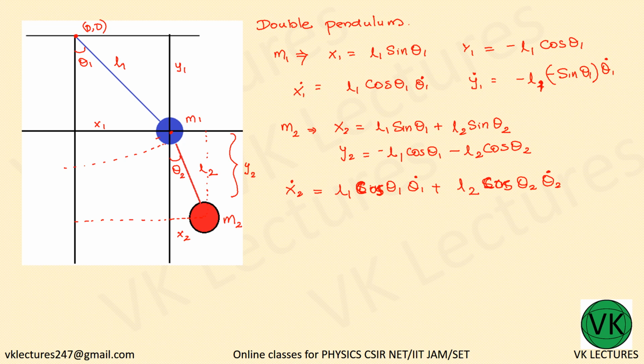Now we have y2 dot equal to minus L1 minus sine theta 1 dot minus L2 minus sine theta 2 dot. So this is x2 dot and y2 dot.